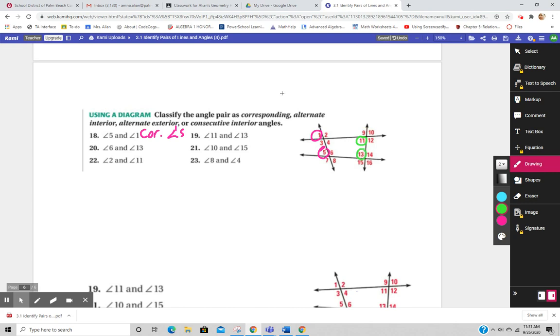They are inside on the same side of the transversal. They're consecutive interior angles. All right, what about 6 and 13? That's the same thing, right? Consecutive angles again. They're on the same side of the transversal and inside between the two lines, so they are consecutive.